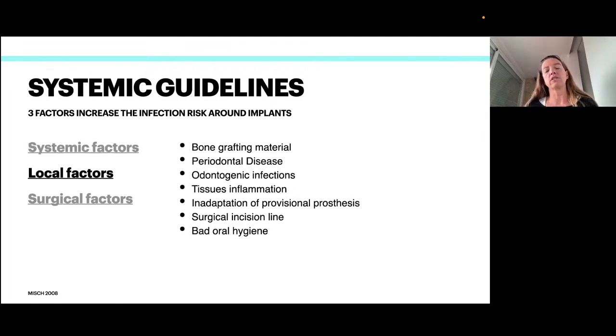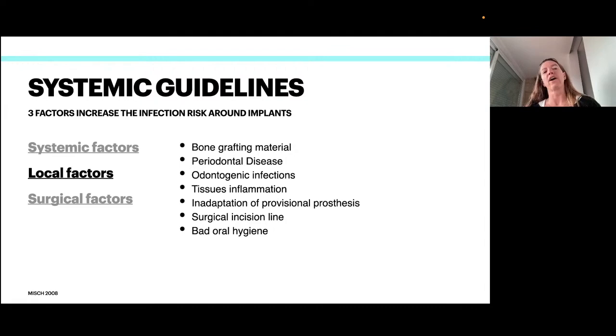Other local factors are bone grafting materials that sometimes are moving, previous periodontal disease, any odontogenic infections or tissue inflammations that we might have, inadaptation of provisional prosthesis, the surgical incision line, and bad oral hygiene.